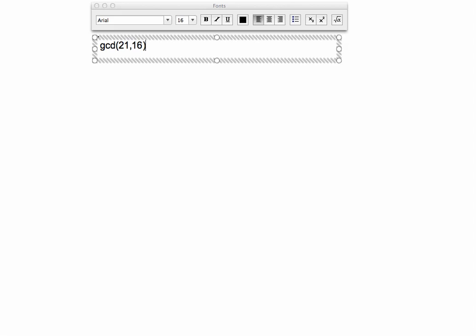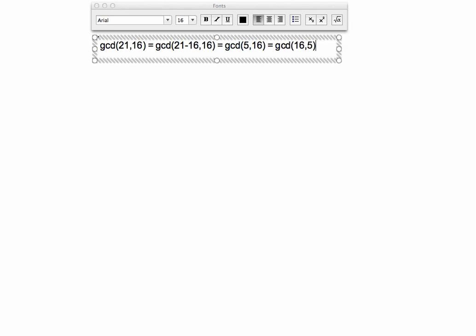So the GCD of 21 and 16 is equal to the GCD of 21 minus 16, comma 16. 21 minus 16 is 5, so that's the GCD of 5 and 16. We switch those around, GCD of 16 and 5, because we can do that.